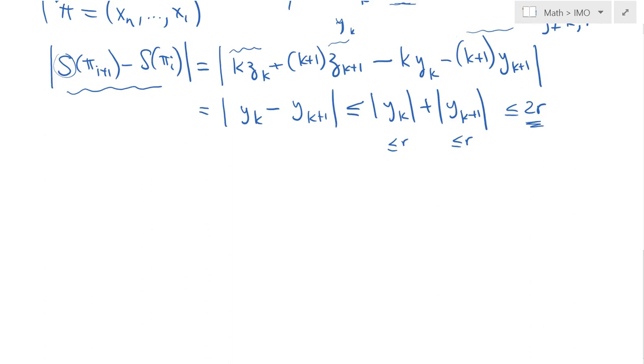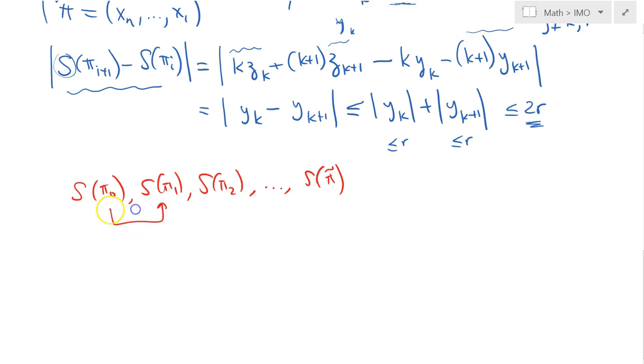The successive numbers in the sequence s of pi sub 0, s of pi sub 1, s of pi sub 2, and so on, these are successive numbers starting from pi sub 0 all the way to pi, let's say, tilde. The distance between these successive numbers, the distance between these two and so on, they're all less than or equal to 2r, and then this one and the previous one less than or equal to 2r.